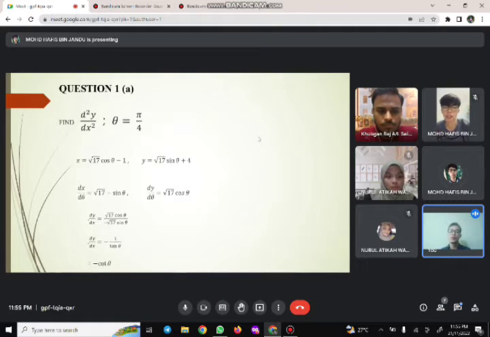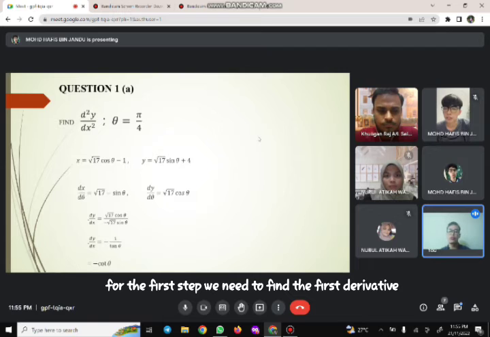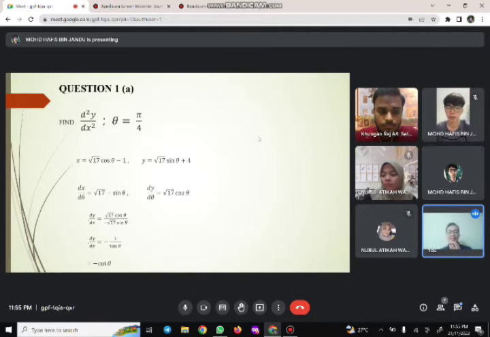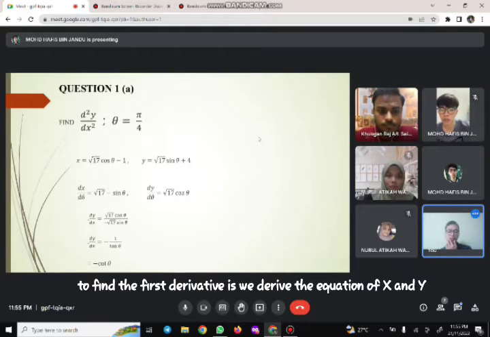For the first step, we need to find the first derivative. We derive the value of x and we derive the equation of y.